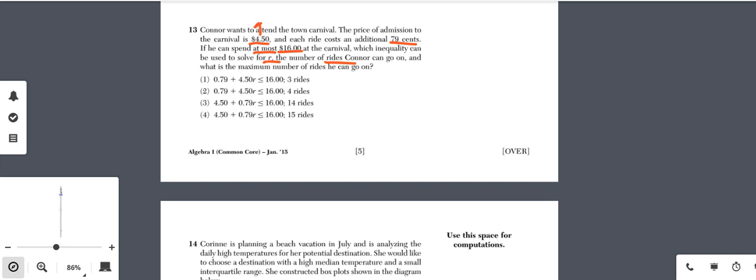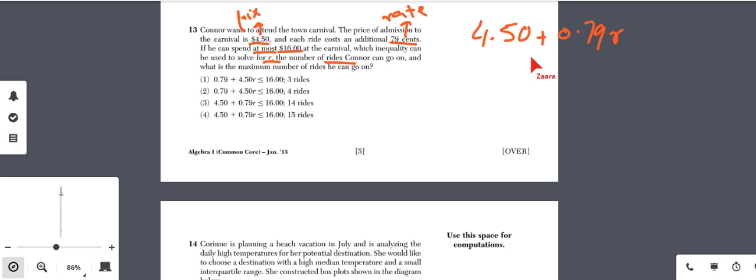So this is the fixed price. It is not going to change. So 4.50 is the admission charge, a fixed charge. This is indicating the rate. Now this is in cents, but we are writing the equation for dollars, so we have to convert it into dollars, which is $0.79, and I'm multiplying it by r, the number of rides.